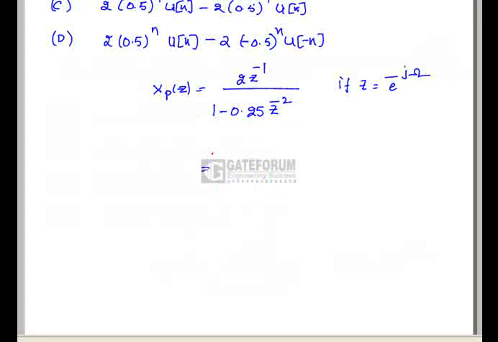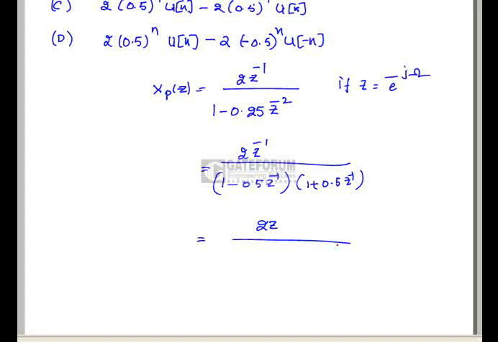This equation we can simplify like this: 2z^(-1) divided by (1 minus 0.5z^(-1))(1 plus 0.5z^(-1)). So 2z divided by (z minus 0.5)(z plus 0.5).